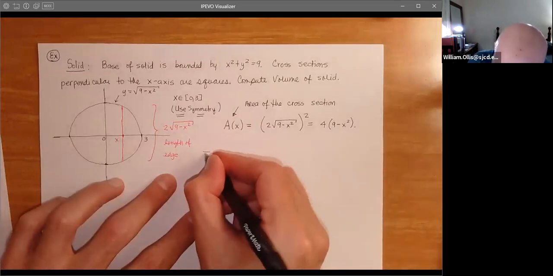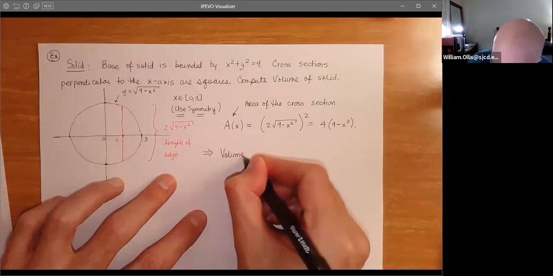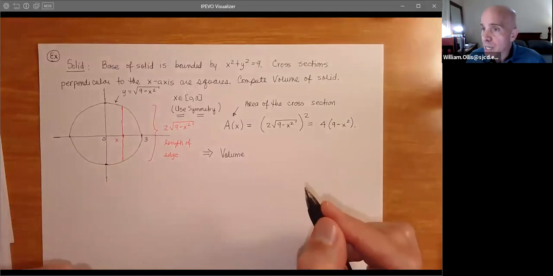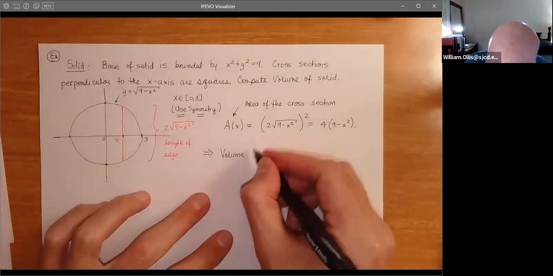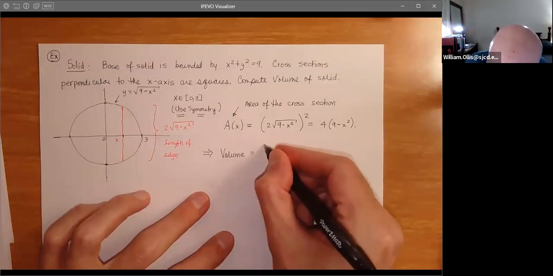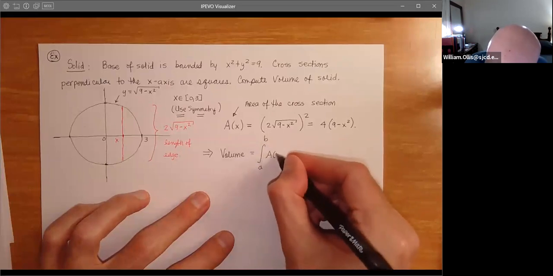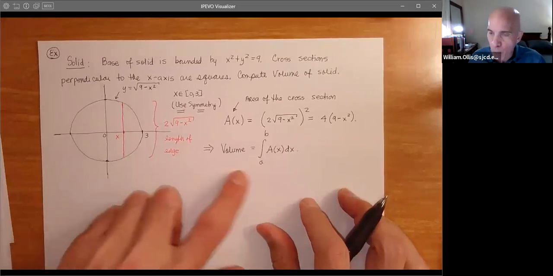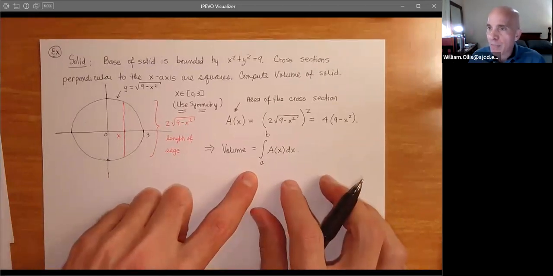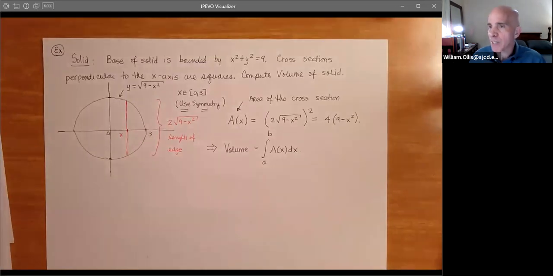So this implies now in general that the volume will just be adding all of the cross-sectional slabs that all have thickness delta x. So the volume will now in general be the integral from a to b of A of x dx. I think sometimes it's nice to have an example where you motivate the formula, and that way you just don't think you have to memorize formulas. The formulas are kind of a natural evolution of your intuition.